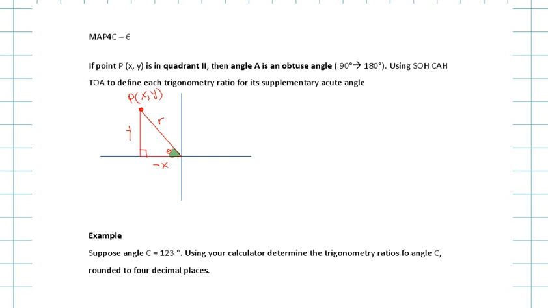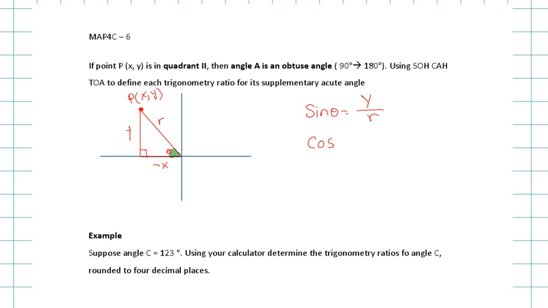Now, what would cosine be? Let's start with sine, because we usually see this. What would sine theta be? With respect to y over r, because it's the opposite over the hypotenuse. What's the side opposite to the angle? It's y.